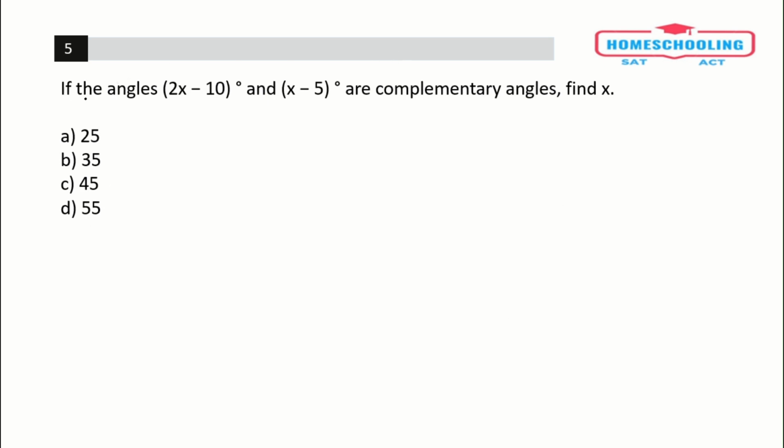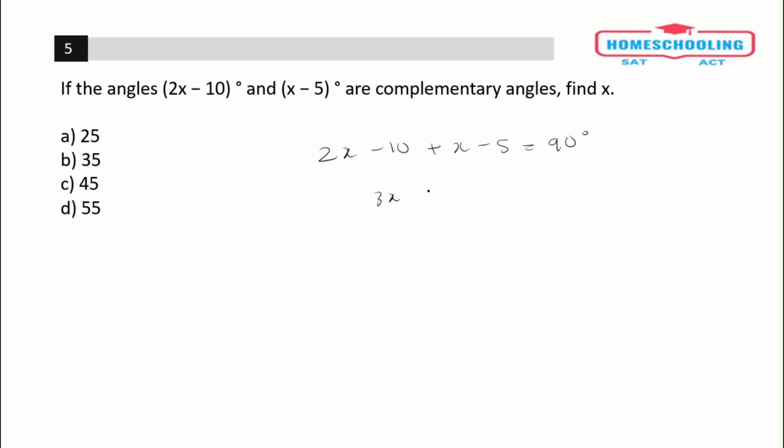Now if the angles 2x minus 10 degrees and x minus 5 degrees are complementary, that means the sum of these two angles is 90 degrees. So find x. 2x minus 10 plus x minus 5, as both of them are complementary angles, their sum would be 90 degrees.